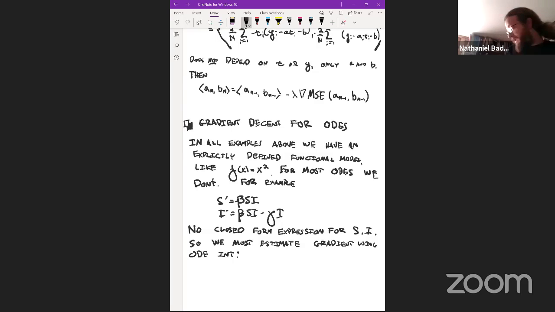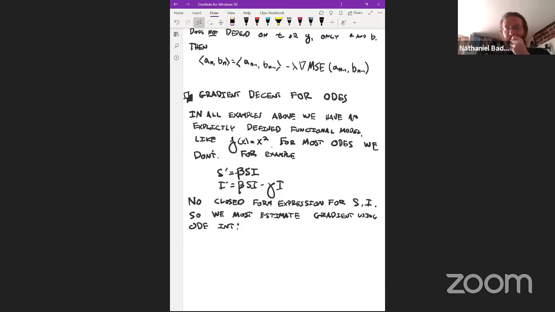So we've got to estimate the gradient using ODE-int. Okay. So how do we do that?